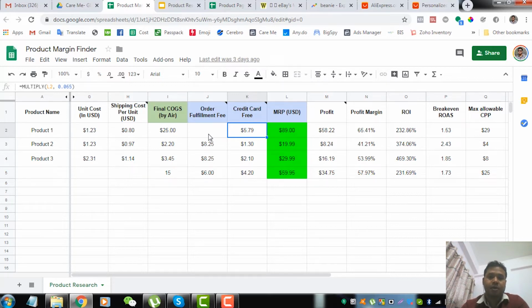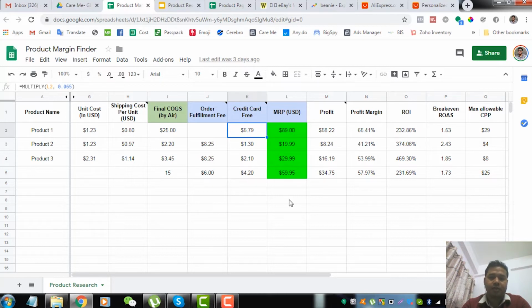So roughly you can consider that around 6% of your margin will be taken away by credit card fees. In our formula, this fee is basically 6.5% of this MRP. So if your MRP is $89, that means your credit card fee is 5.89. So this is profit and profit margin, ROI, break-even ROAS, and CPP.